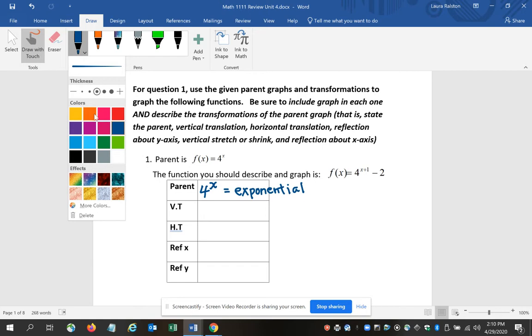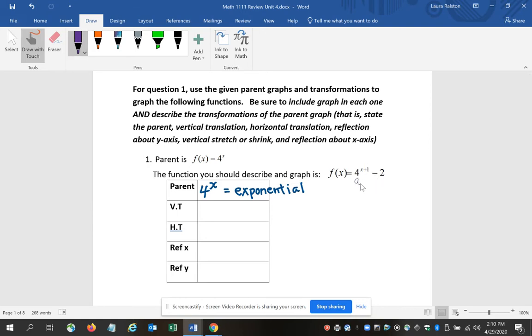The function that I'm asked to deal with is f of x equals 4 raised to the x plus 1 power minus 2. And so I need to identify A, B, C, and D. A is the 4. B is the number in front of the x. C is the constant in the exponent, and D is tagged at the end.